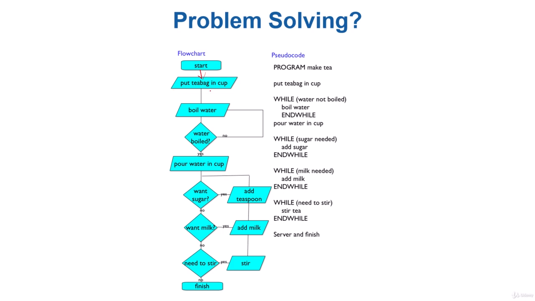That's an input. We take a tea bag from somewhere, that's our input. Last time I told you that input is drawn as a parallelogram. Put a tea bag in a cup, and then forget about that cup and boil the water. Somewhere there is water, take the water from somewhere and boil it.